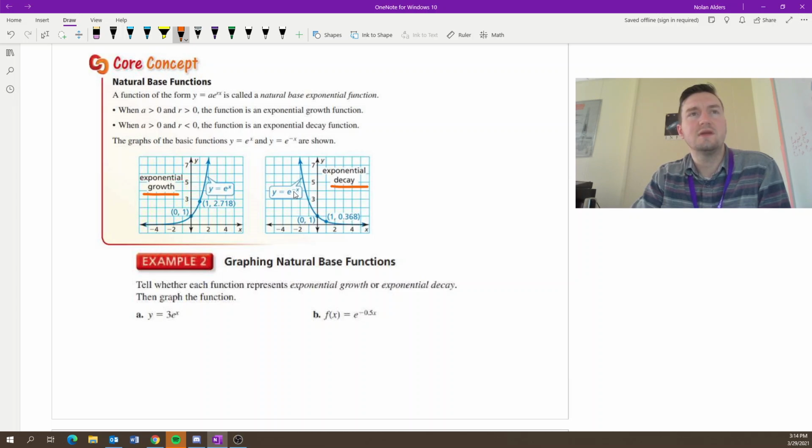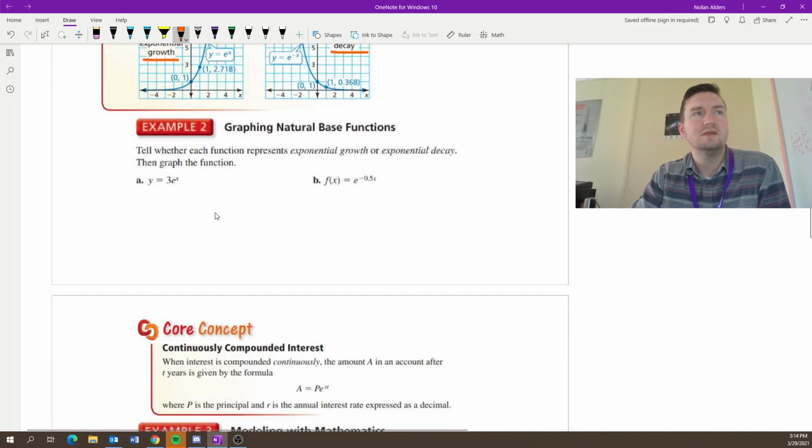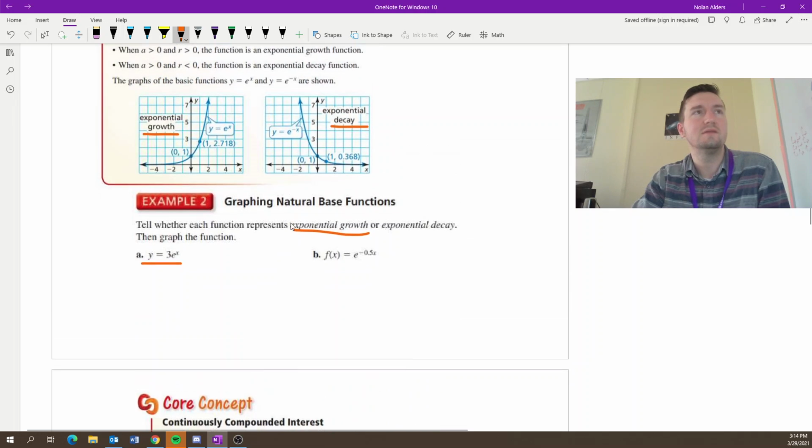And if we have a negative exponent, then we'll have exponential decay. Looking at these two examples, A and B, one of them is exponential growth and one is exponential decay. This first one, y equals 3e to the x, is exponential growth because the exponent is positive.